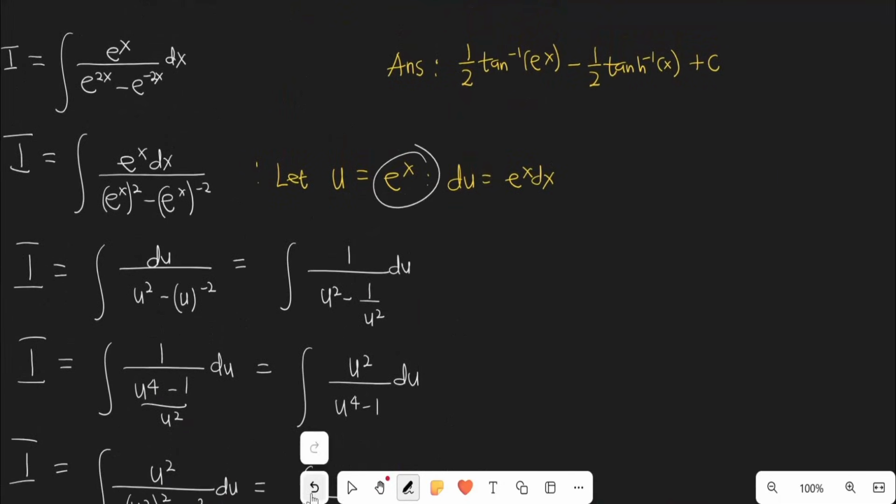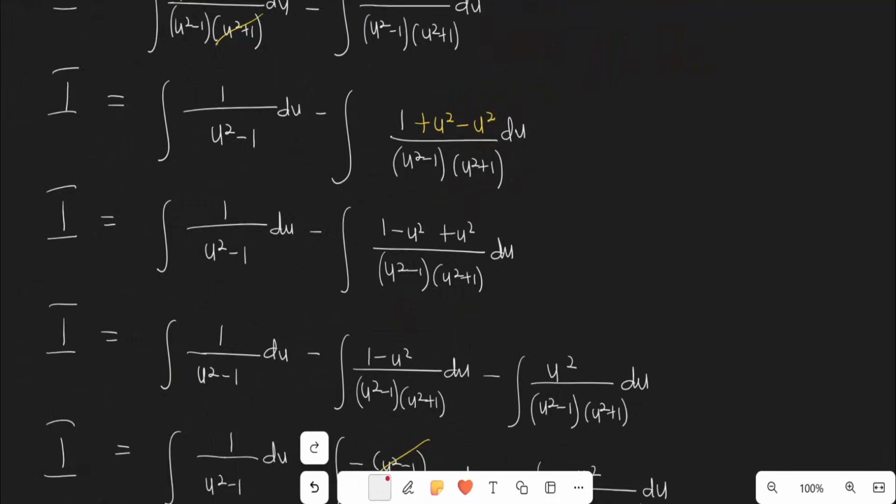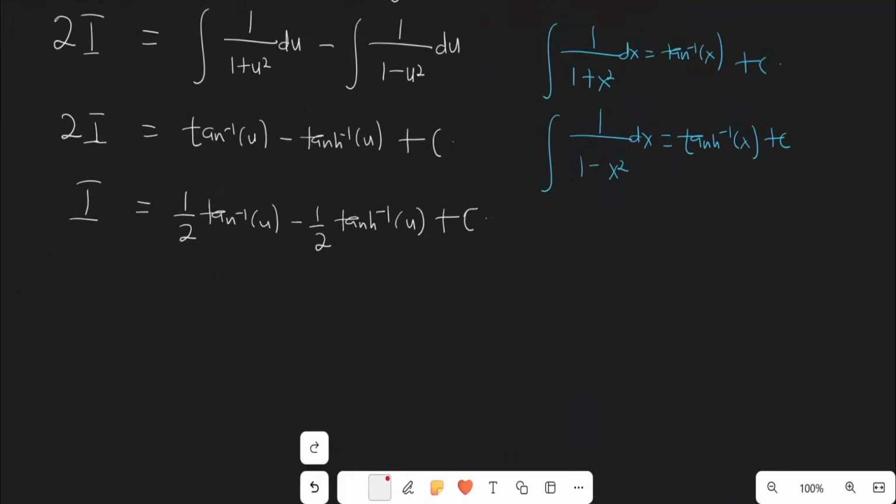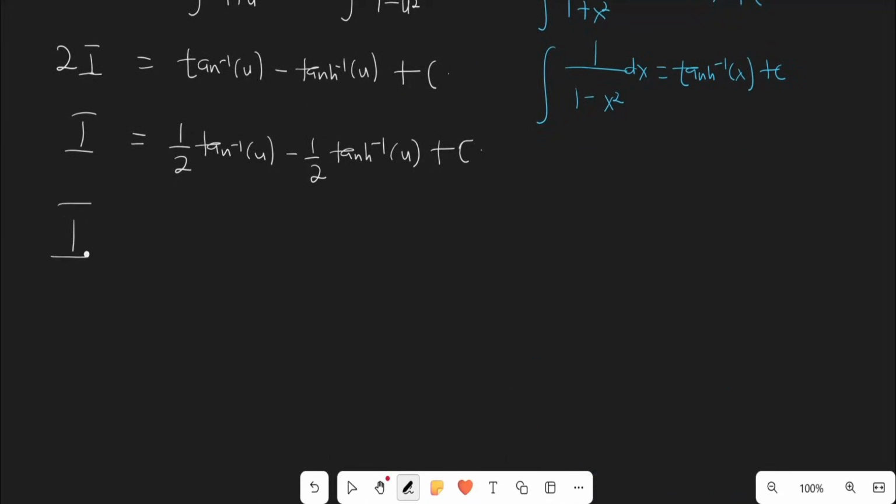So u is e to the x. So we are going to replace u with e to the x, and that will be the resulting value of the integral. So I is going to be 1/2 times the tan inverse of e to the x minus 1/2 times the tan hyperbolic inverse of e to the x, plus the constant of integration.